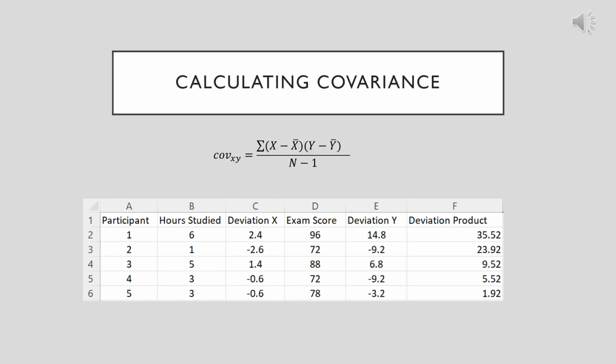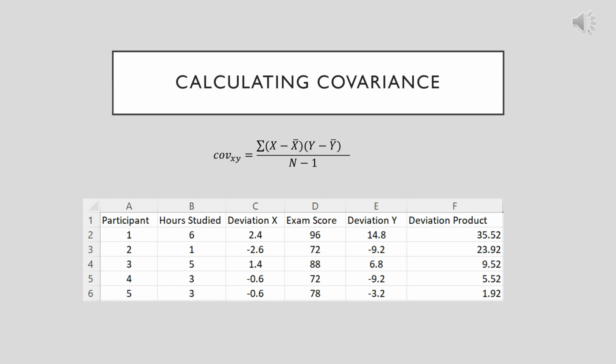So what I've done here is I've entered these different variables into Excel, and basically I've added new columns, okay? So you can see that for hours studied, to the right of that is the deviation of X, the deviation of all of those raw scores of hours studied from the mean, the average hours of study, which we calculated on the last slide to be 3.6.